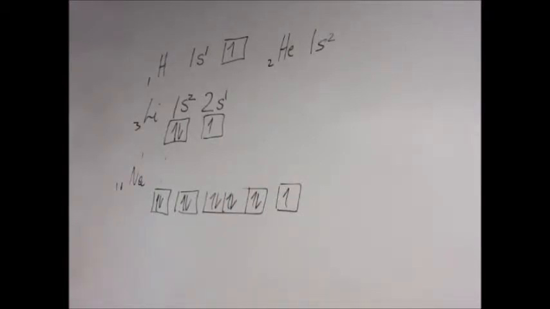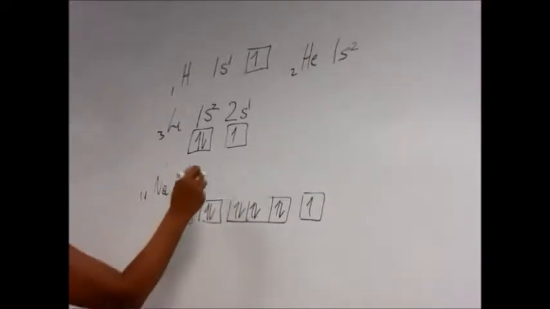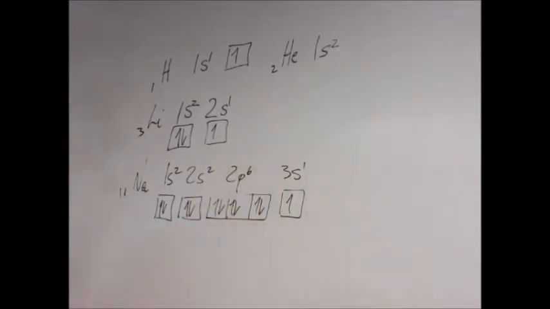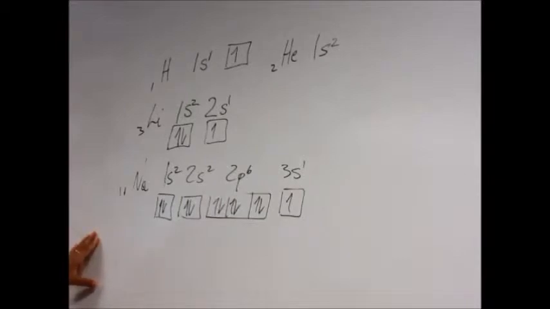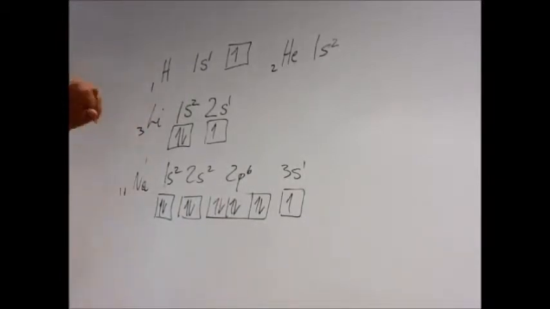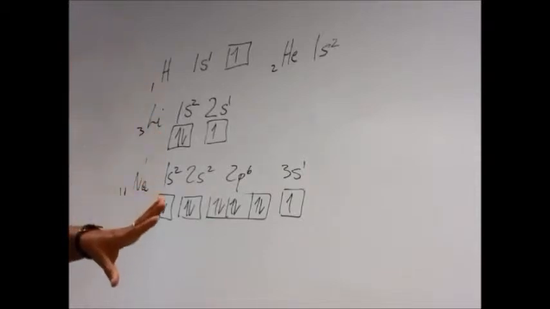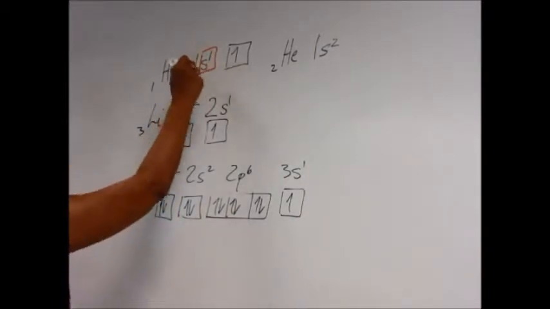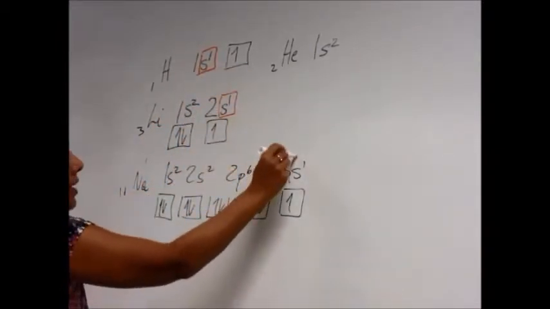Good so far? All right, let me go ahead and write this back again, because I need to show something. 2p6 and then 3s1. This is all group 1 elements, right? Hydrogen, lithium, sodium, and then potassium, rubidium, those are all group number 1. What I want you to see, the pattern over here is for S1, S1, S1.